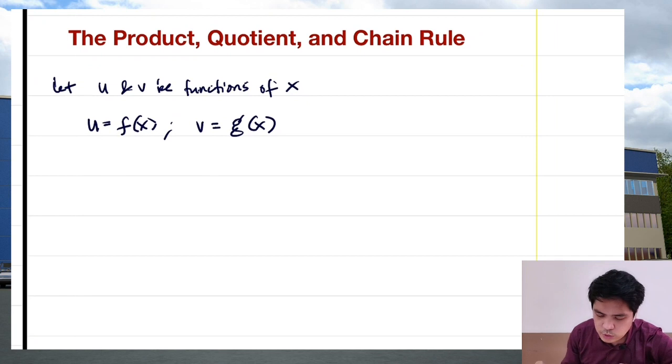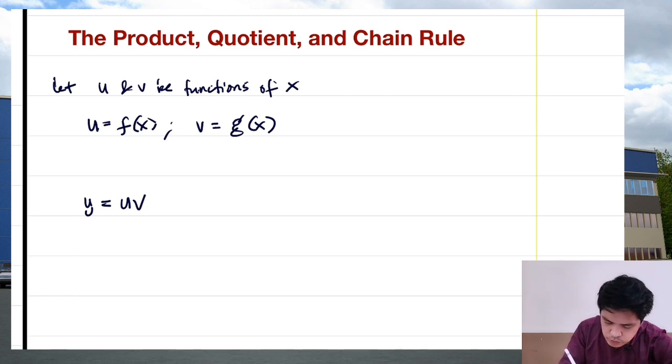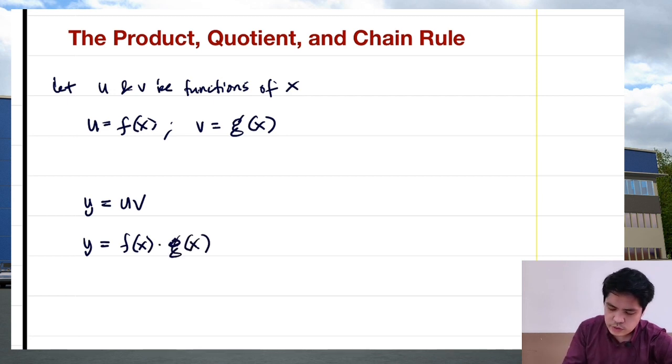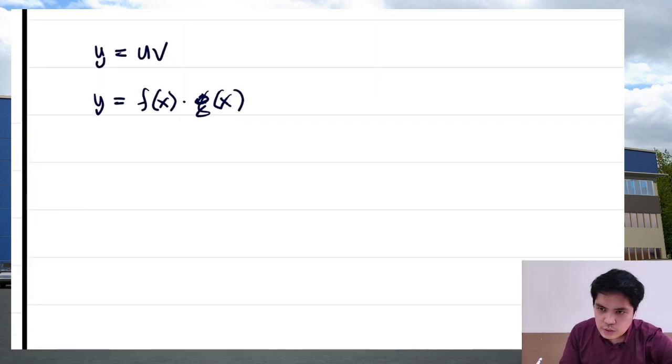So dito lang muna tayo sa product of two functions, which is, let's say we have y equal to the product of these functions u and v. Or if I rewrite that, that would be y is equal to the product of f of x times g of x. Okay, so if we introduce a change in x, there should be a corresponding change in y.